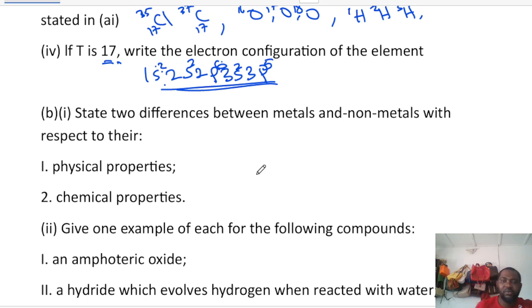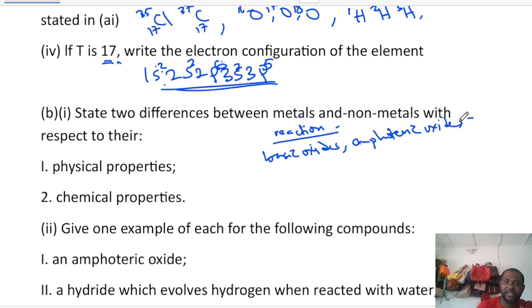Let me start with reaction with oxygen because both of them react with oxygen. But the difference is that metals react with oxygen to form basic oxides. It's either basic oxides or also amphoteric oxides.